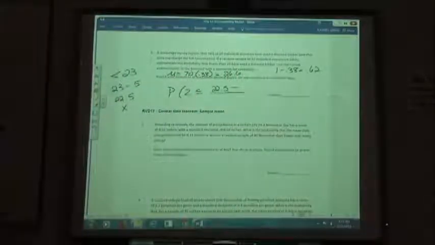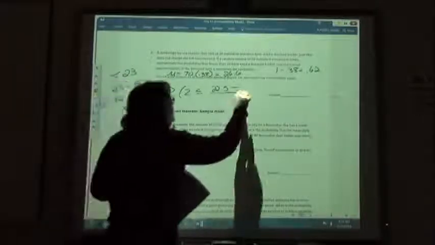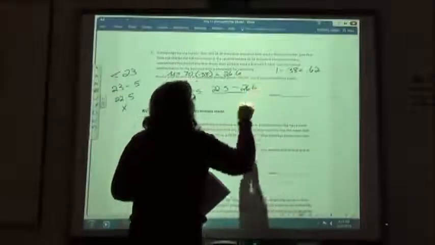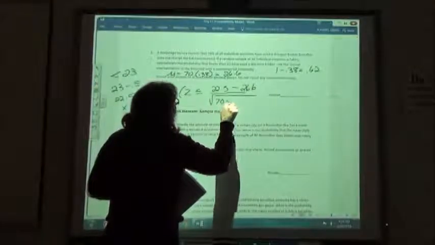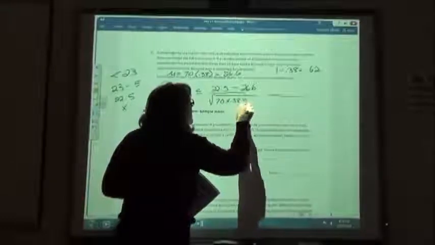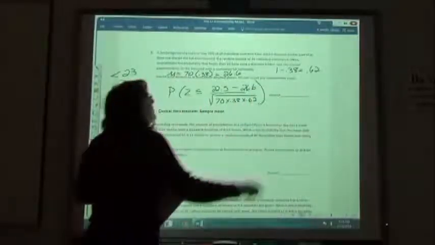Did I just write it down wrong? 26.6. My mean was 26.6. And then my standard deviation, I'm going to take 70 times 0.38 times my 0.62.